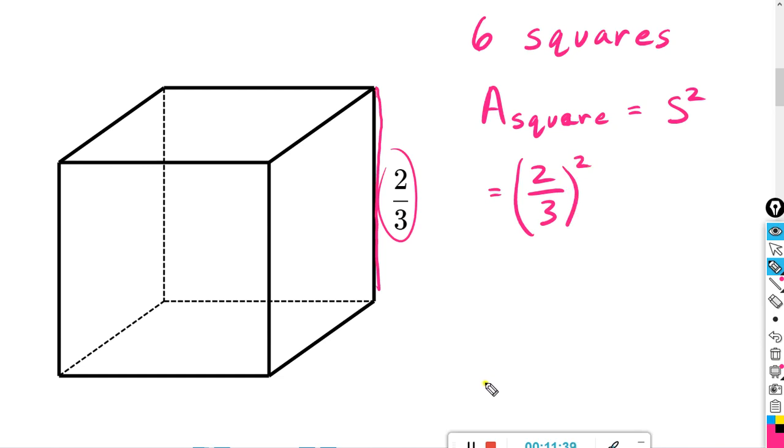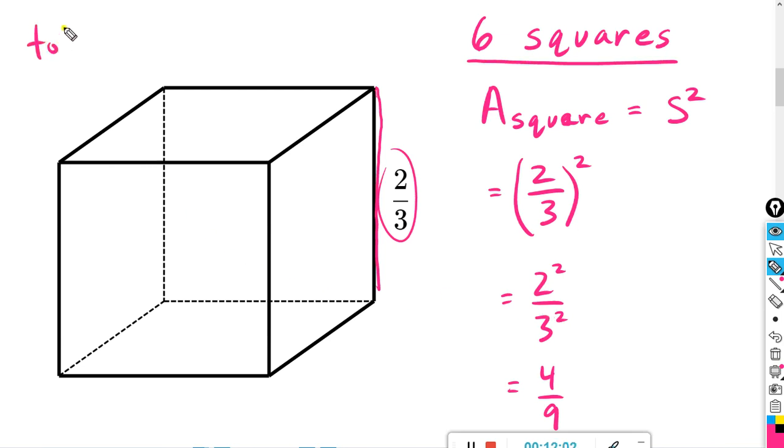When you square a fraction, you square the numerator and you square the denominator separately. So 2 times 2 is 4, 3 times 3 is 9. But we said there's 6 squares, so for the total, it's going to be 6 times 4 over 9.